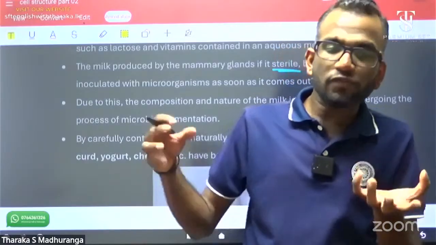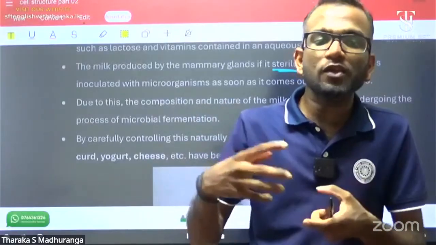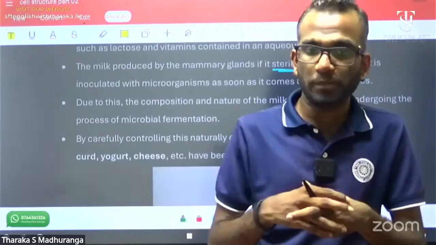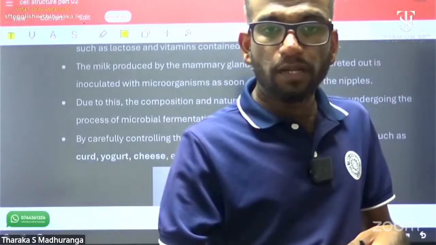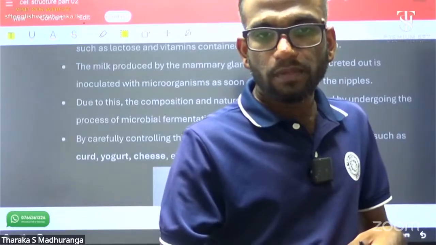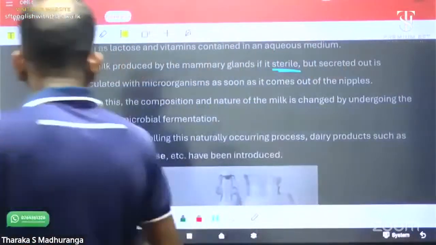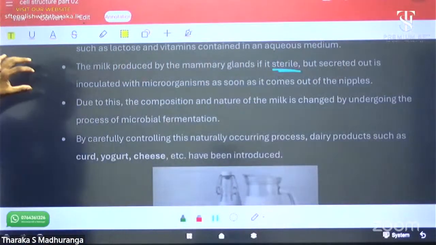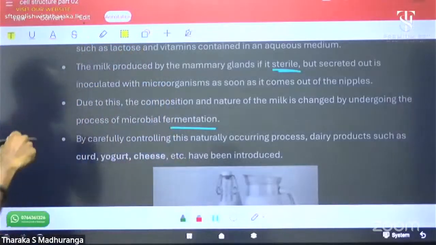That's why a lot of microorganisms rapidly grow on this highly nutritious media, right? That's why the lifetime of fresh milk is only 1 day. Within 1 day, it will undergo fermentation, right? A lot of changes.